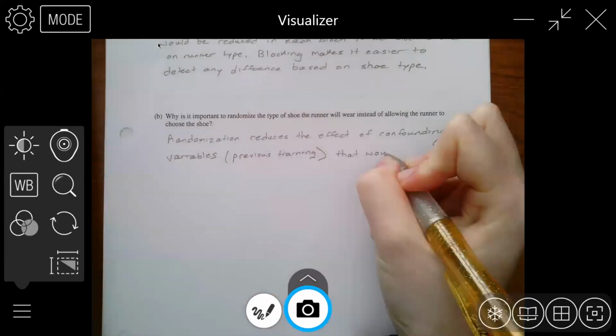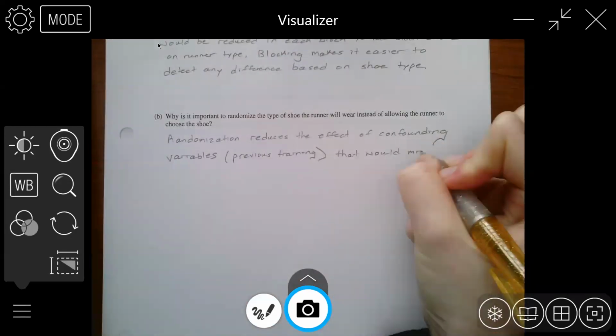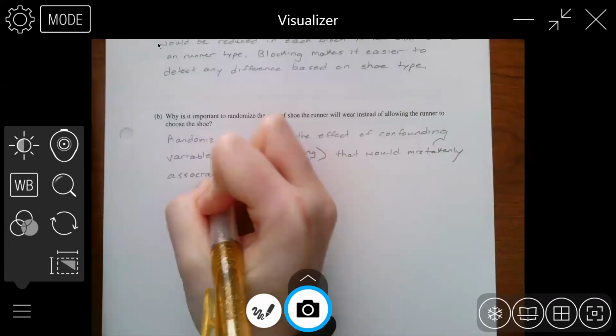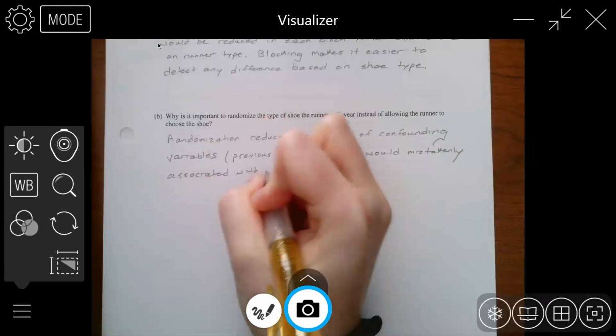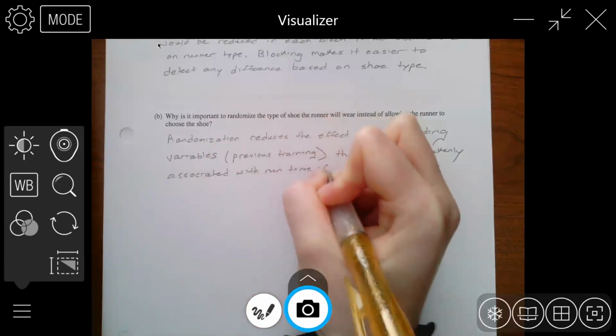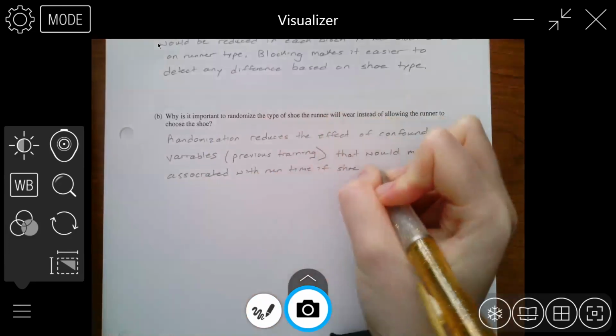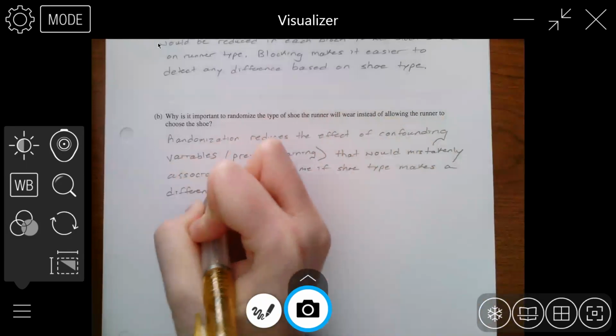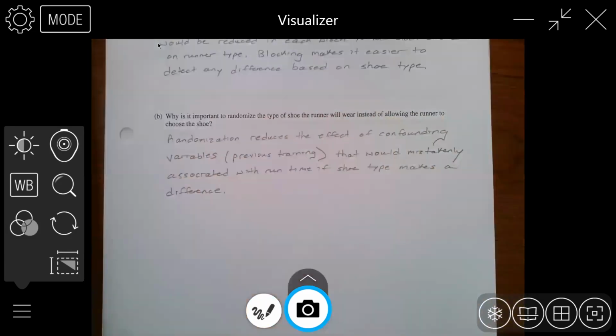So that would be mistakenly associated with runtime if shoe type makes a difference. So it's very similar to part A. The problem is the researchers would have a hard time distinguishing what's making a difference.